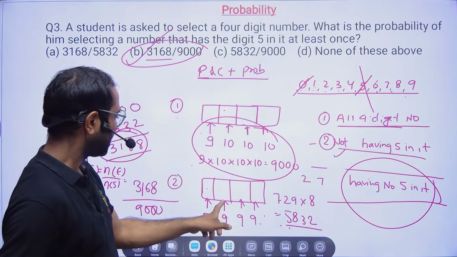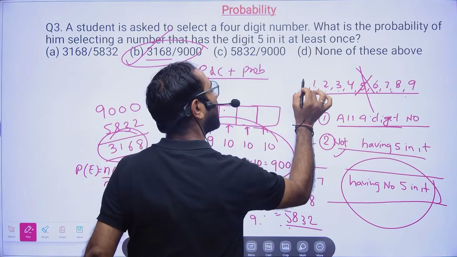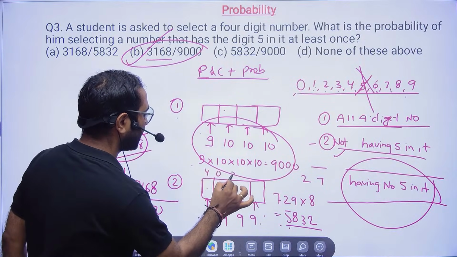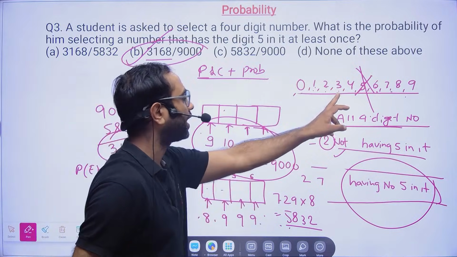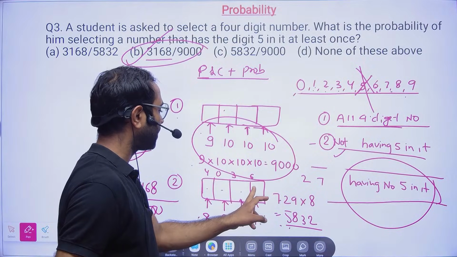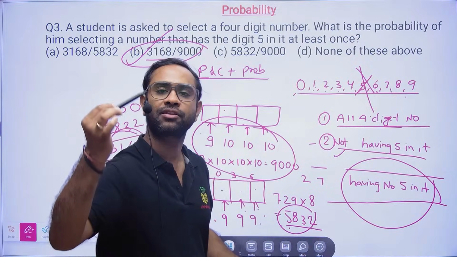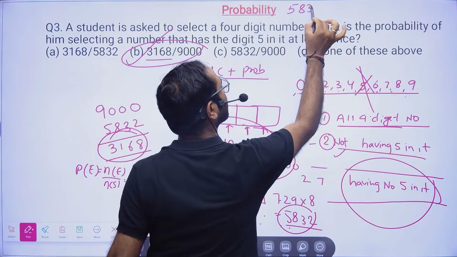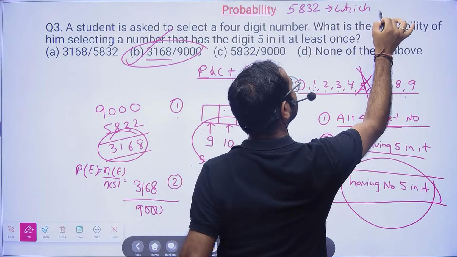Next here, 5 anyway cannot come, but at the second place I can bring 0, because a number like 4036 is a 4-digit number. So here I have a total of 9 choices, again 9 choices, again 9 choices. So the total is nothing but 5832. I have 5832 such numbers which do not have 5.